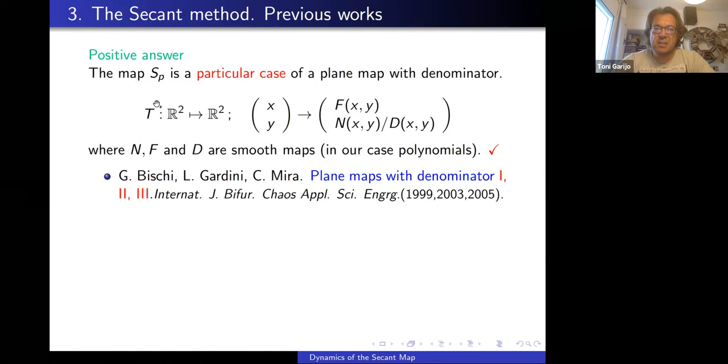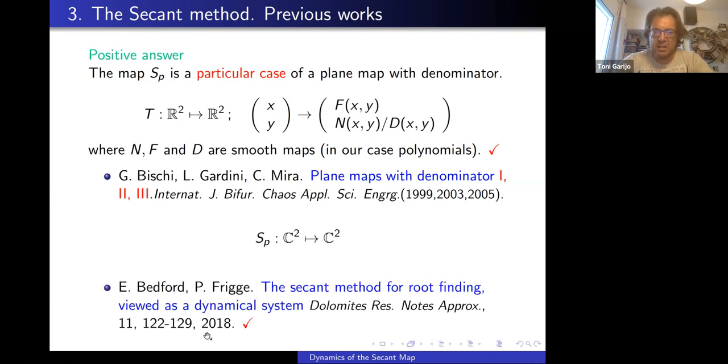Basically, this is the dynamics of a map called T, where you can think that F is a polynomial in 2 variables, and this is a rational map, a quotient of 2 polynomials in 2 variables. So really the secant map is just a particular case of that kind of maps. So we can take a look at that theory and apply it to the particular case of the secant.